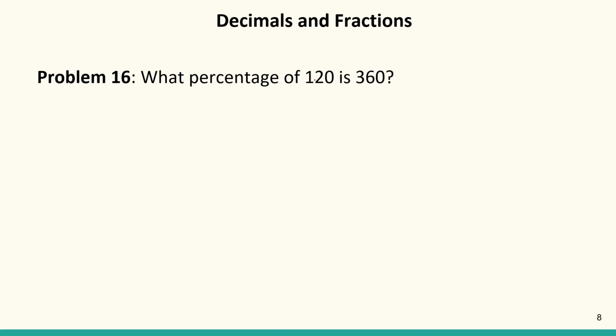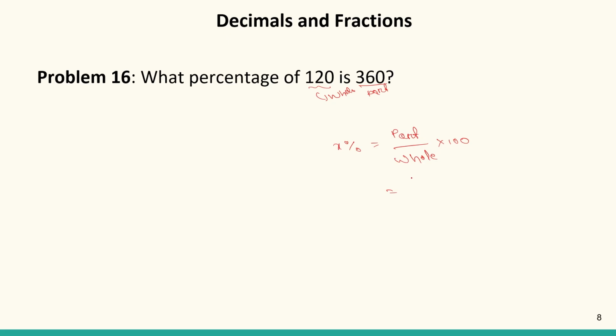What percentage of 120 is 360? Again we use that formula. Look here, 360 is the part and 120 is the whole. We have the formula: x percentage is equal to part by whole into 100.